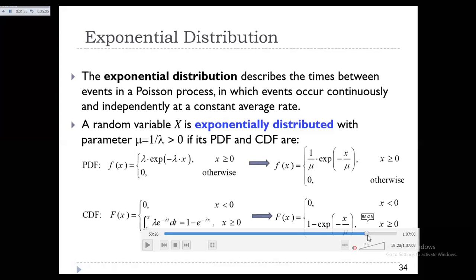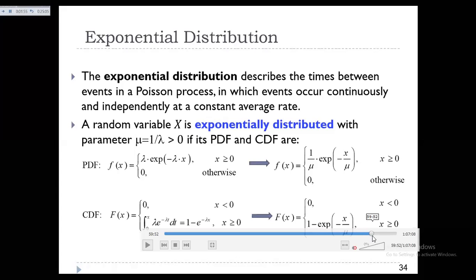The CDF is also provided here. The CDF is 1 minus the exponential of negative x, either times lambda or over mu. That will give you the cumulative distribution function.